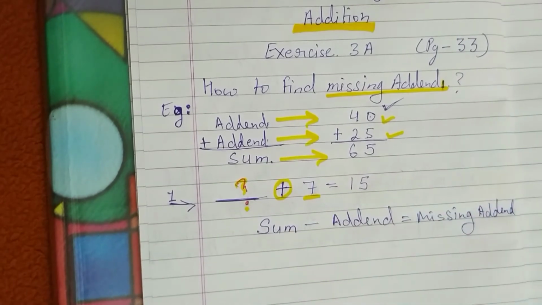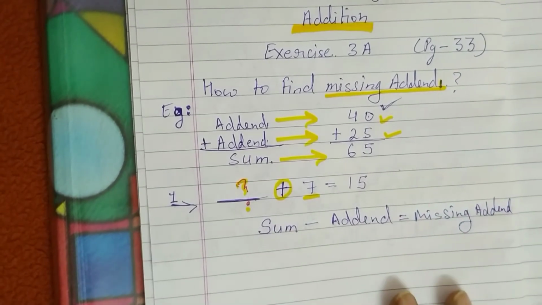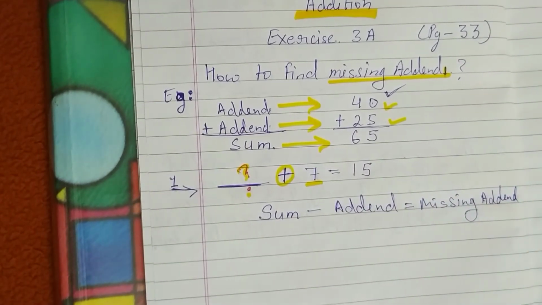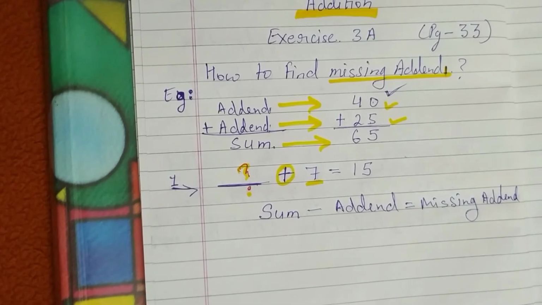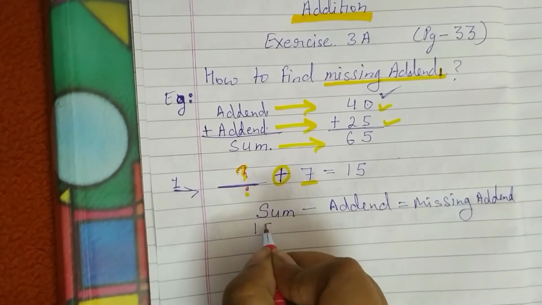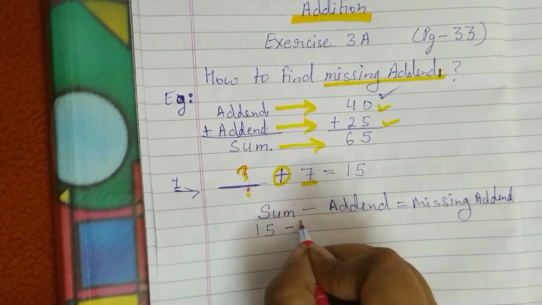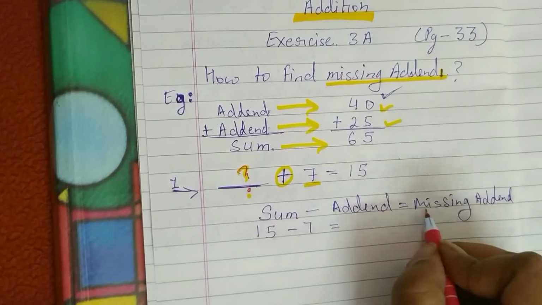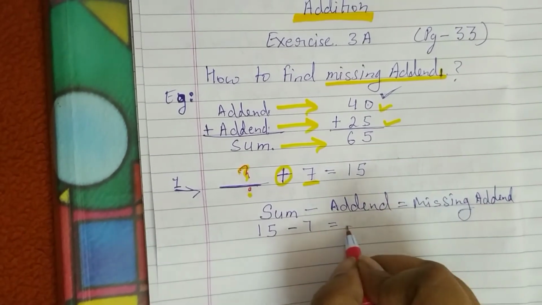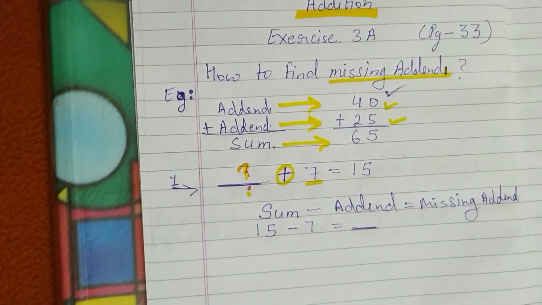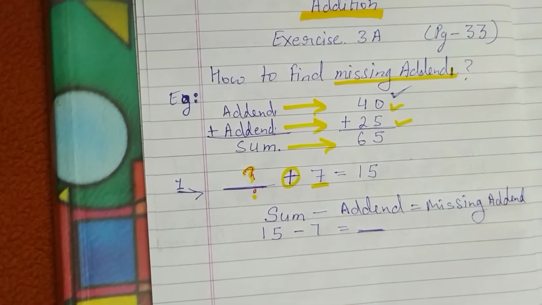Simple. So this formula you will be getting. Now put these numbers in this frame. So what will be your statement? 15 minus 7 is equal to what? The missing addend. This is what you have to find.